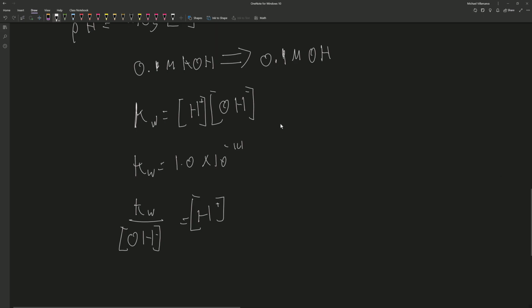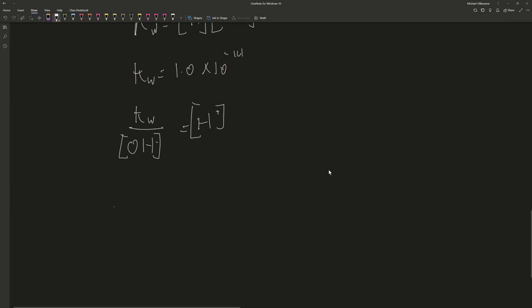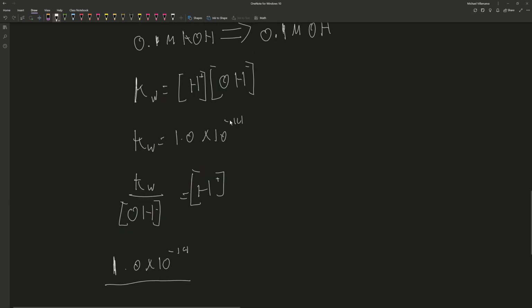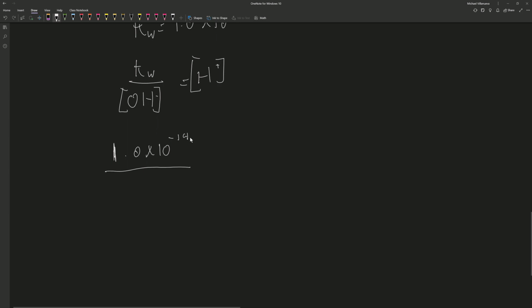What we will do now is we will just plug in to this formula. We know that Kw is equal to 1.0 times 10 to the negative 14th. Our OH concentration, well, we have our OH concentration right here, 0.1.